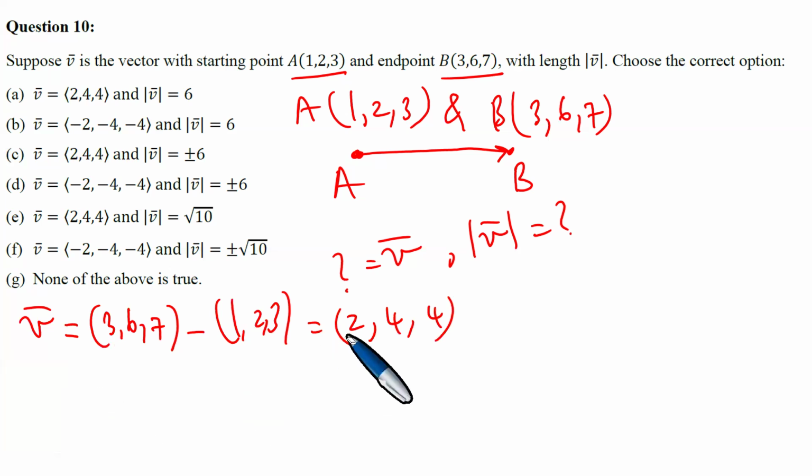This becomes a vector, so you have 2, 4, 4 in pointed parentheses.